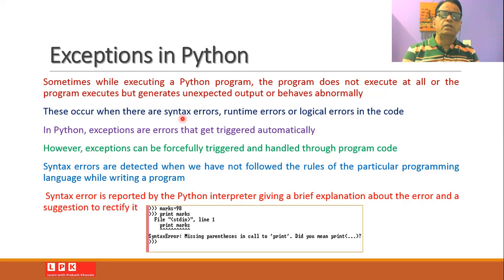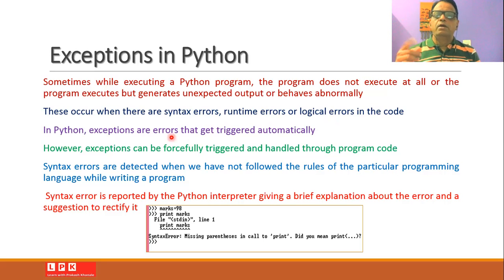Sometimes these errors are syntax errors. Sometimes these errors are runtime errors. Or sometimes we can have logical errors in our code. So in Python, exceptions are nothing but these errors, and these errors are normally triggered automatically.